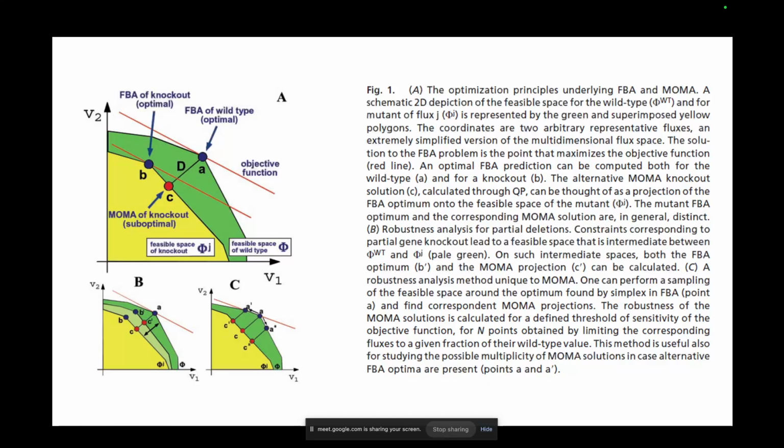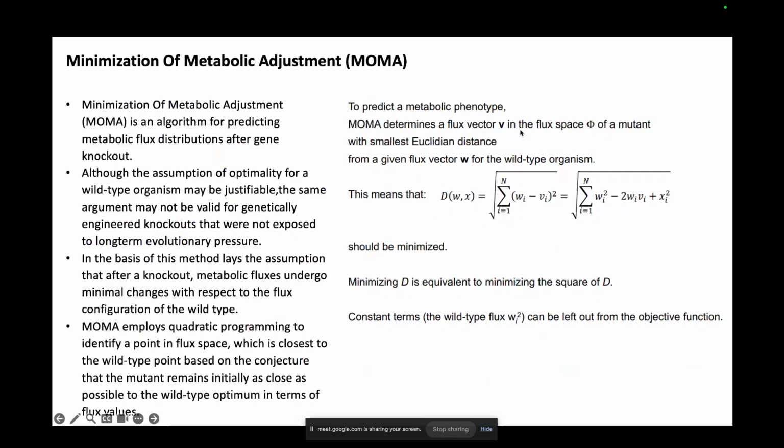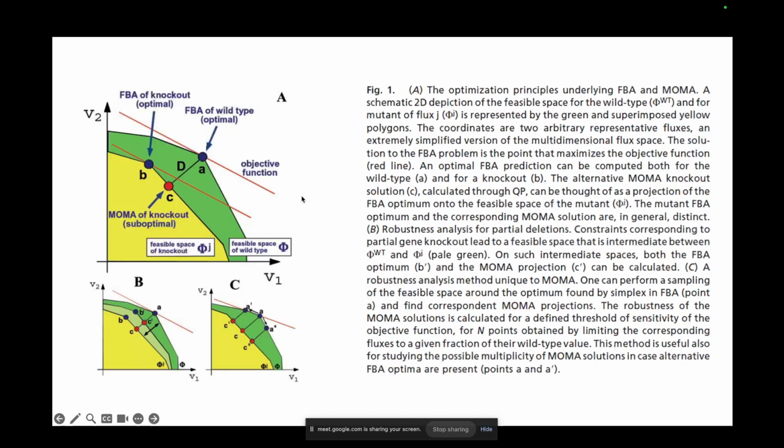If you recall MoMA, what you're trying to do is minimize the distance. From this point, this distance is bigger compared to this distance. So that is why the MoMA knockout solution is given here as opposed to here given by FPA. So the mathematics also kind of holds up, right?